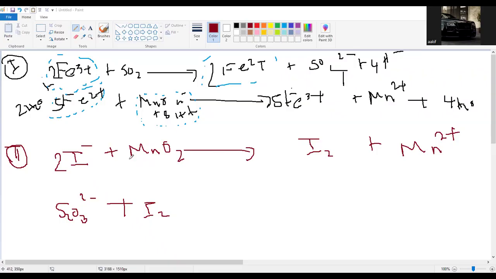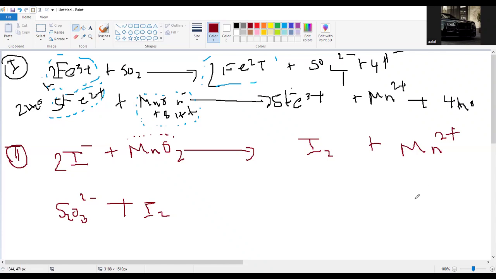So in procedure 2, another 50 cm³ sample of wastewater was taken and all the Mn2+ is converted to MnO2. Now this MnO2 is reacting with I-. I- is converting to I2. MnO2 is converting to Mn2+.